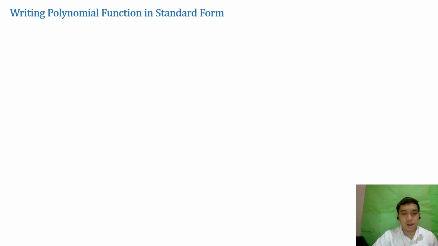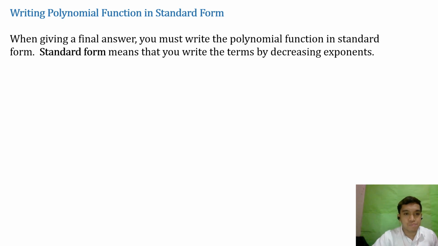Writing polynomial function in standard form. Okay, so again, ang ating polynomial ay nasa standard form siya kapag naka-arrange yung ating power in decreasing order. Ang ating polynomial function ay naka-standard form.